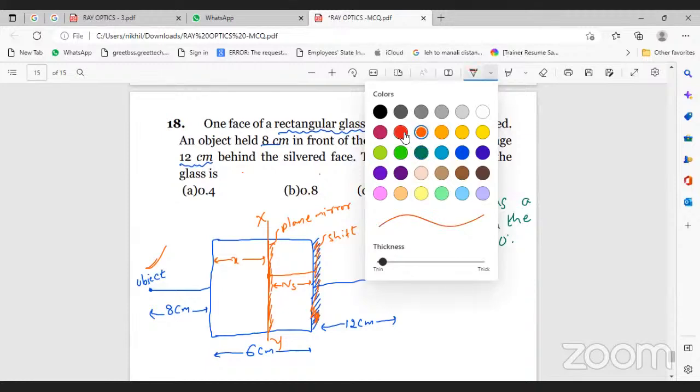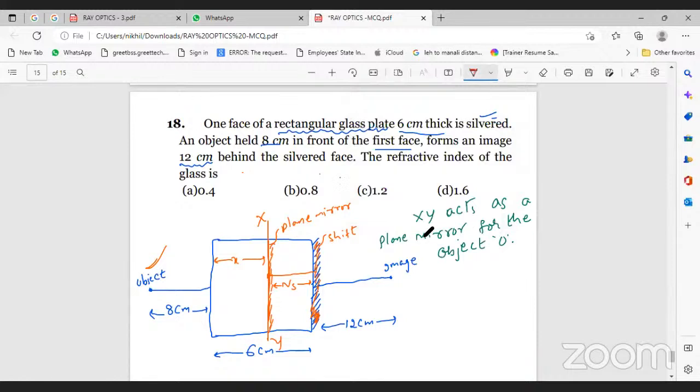Object distance is equal to what? Image distance. For the plane mirror, object distance is equal to the image distance.